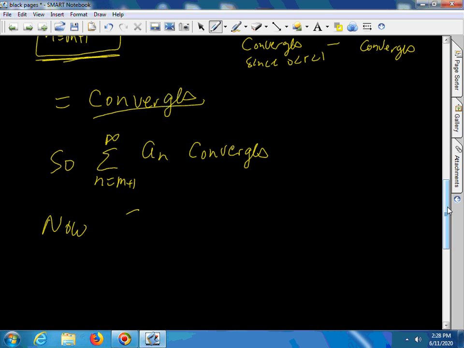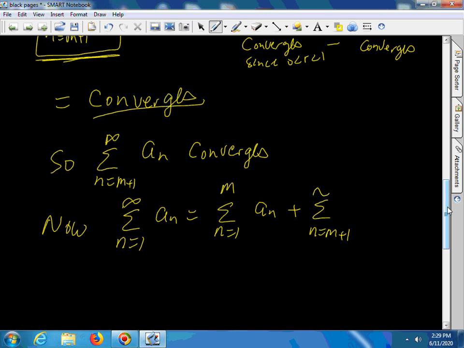Now, the summation as n goes from 1 to infinity of a sub n is equal to the summation as n goes from 1 to M of a sub n, plus the summation as n goes from M plus 1 to infinity of a sub n.